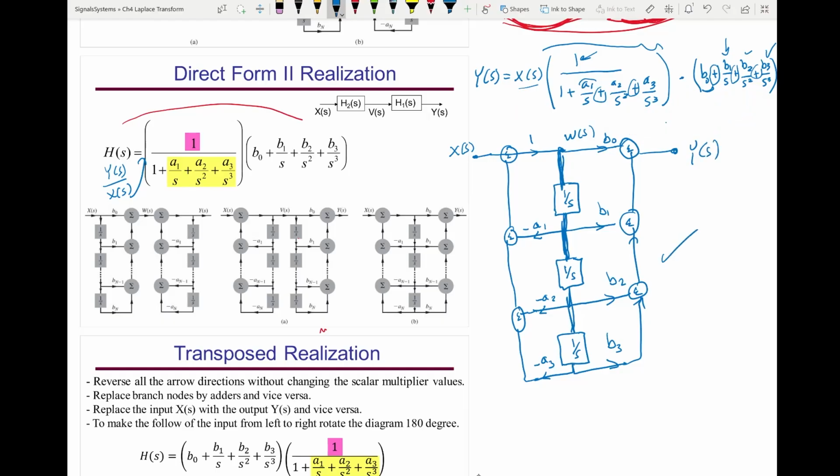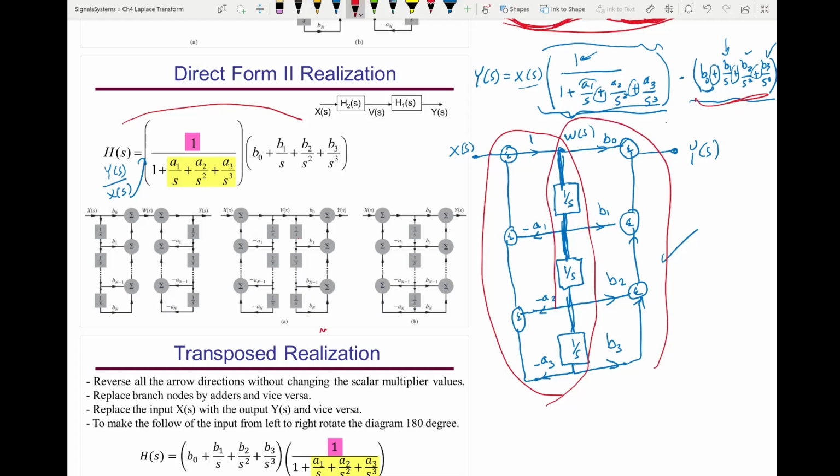I build it directly from this equation without doing canonical form 1 and then switch the subsystem. You can look at this equation, start building this negative feedback, then you look at this subsystem and start building this second subsystem. And that is canonical form 2 realization.